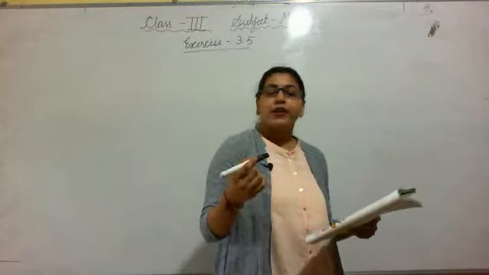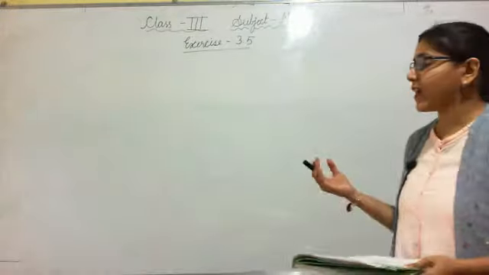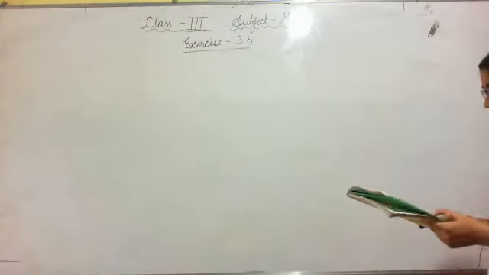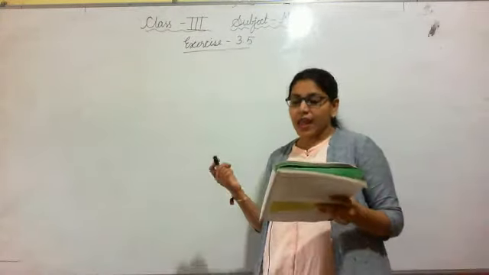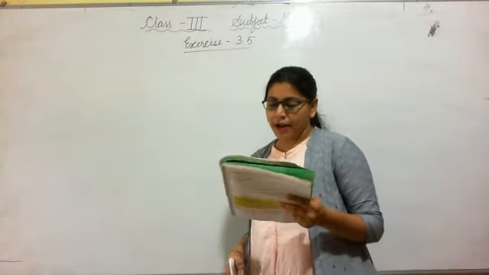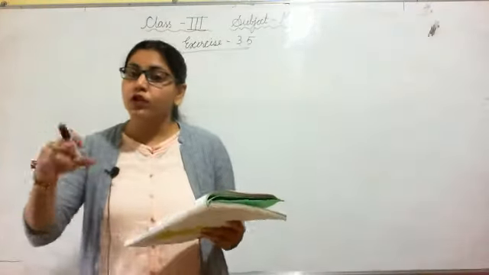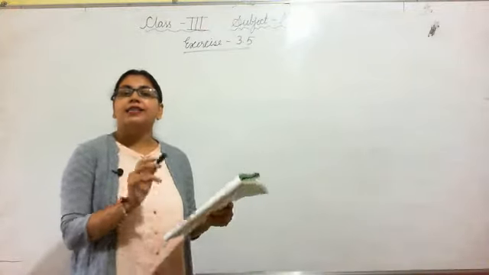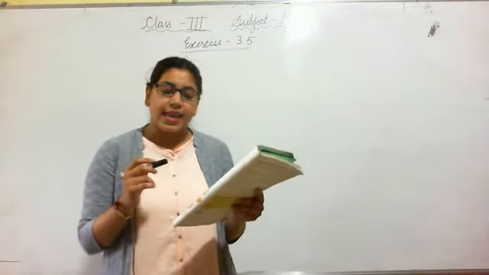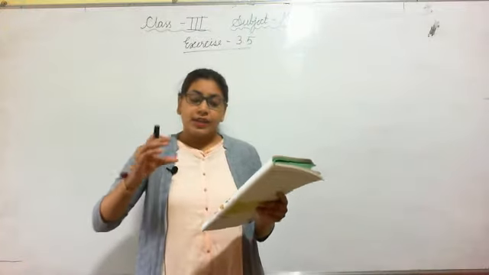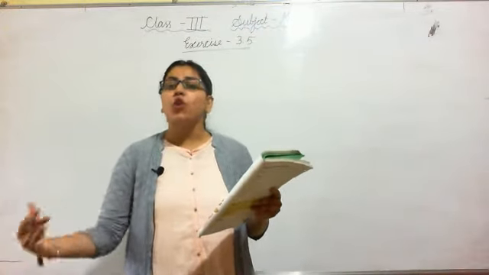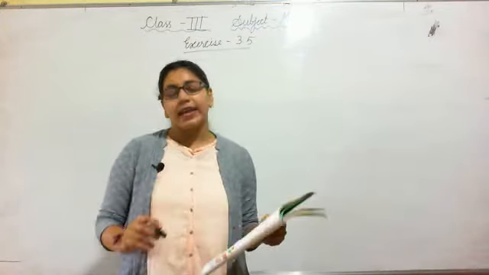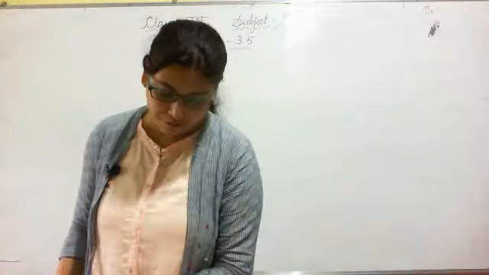See, some green mangoes and some ripe mangoes are given, and the total number of sold mangoes is given, and now they are asking us to find the number of mangoes left.